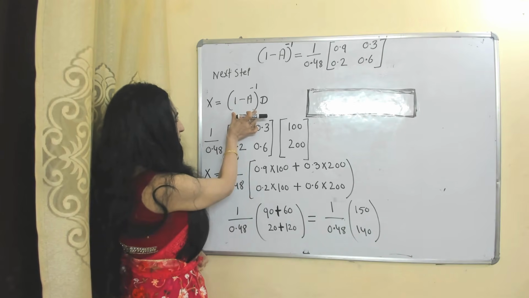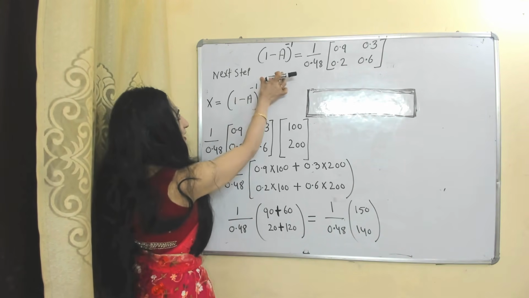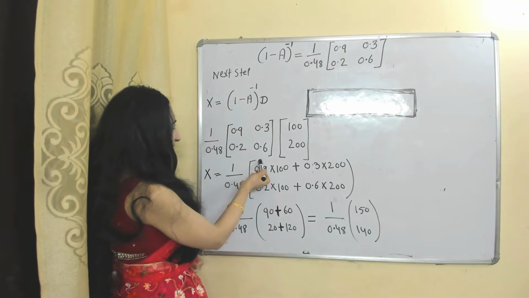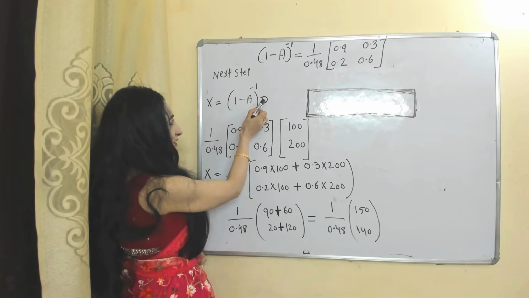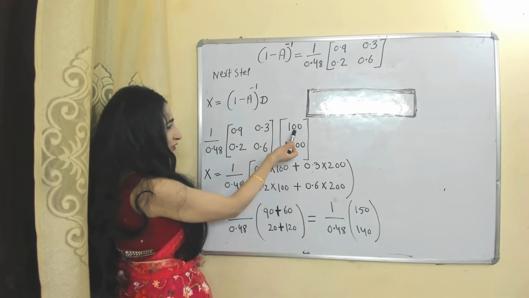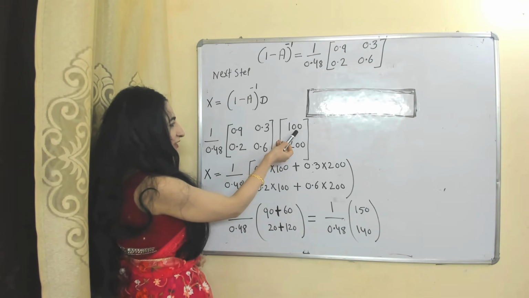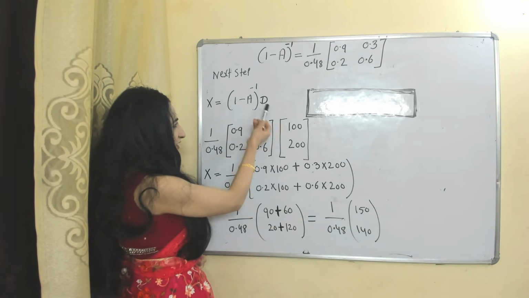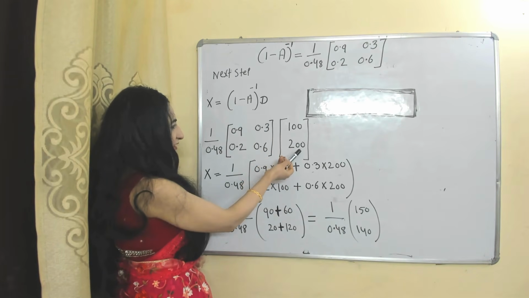We have already calculated this part, and this part is equal to this one we have already calculated. So here it is written, and D is the final demand vector which is already given in the question. We have to find out the gross output for 100 and 200 final demand respectively. So in place of D, here is written 100 and 200.